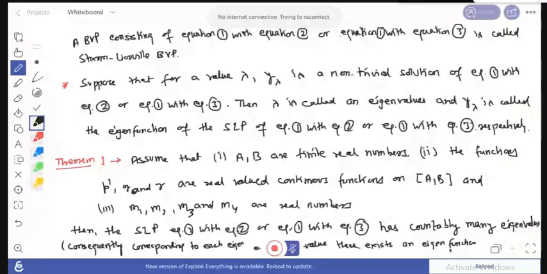This eigenfunction is a solution corresponding to that lambda, so this guarantees the existence of your solution.